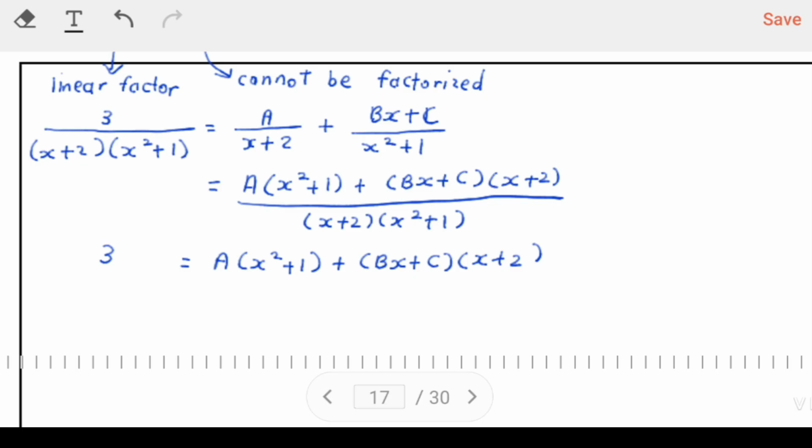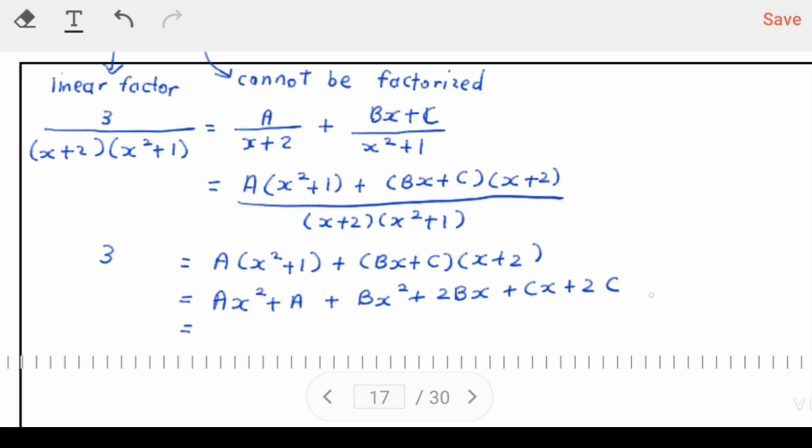In the previous example, to find the values of a, b, and c, we substituted 3 values of x. But other than that, we can also find the values of a, b, and c by comparing the coefficients according to the power of x. So we first expand the bracket. We have ax squared plus a plus bx squared plus 2bx plus cx plus 2c.